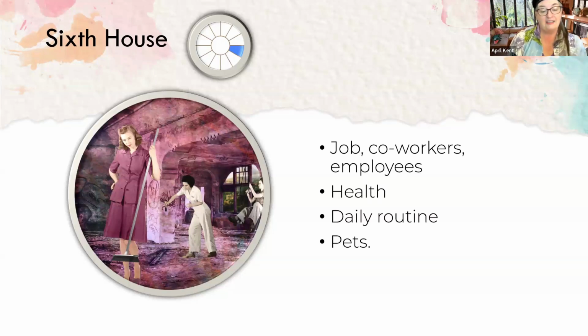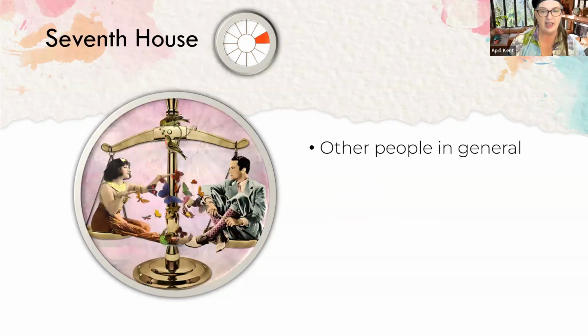So all I can say is whenever I've had a big incident in my life concerning pets, I adopt one, one passes away, one develops an illness, I always see the transits affecting my sixth house and its ruler, not the fifth house. Seventh house, other people in general.